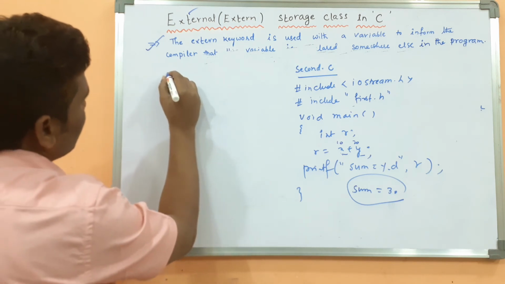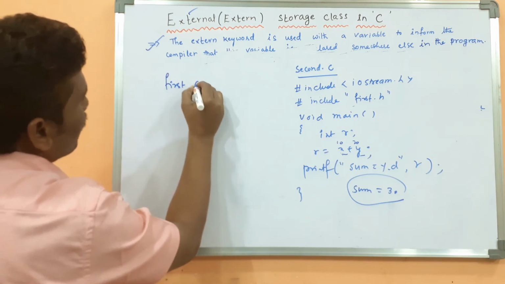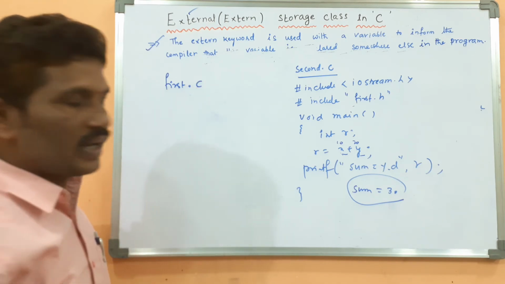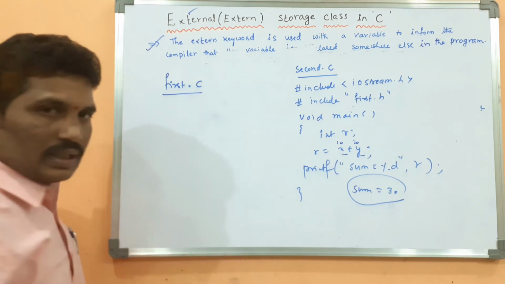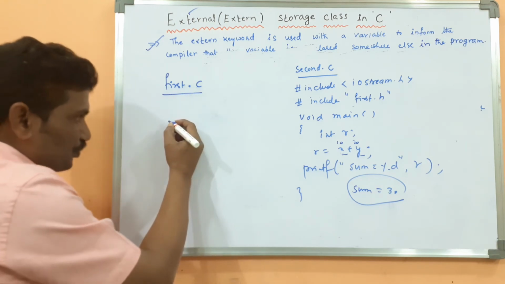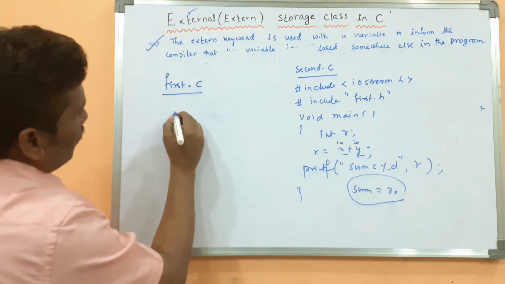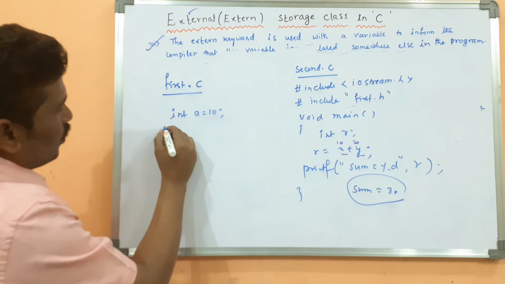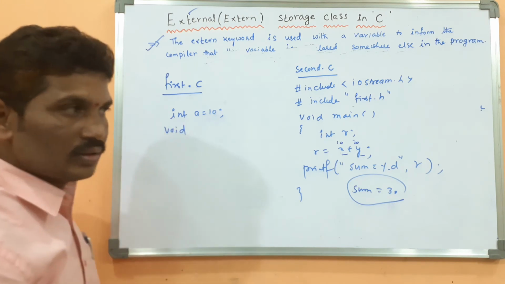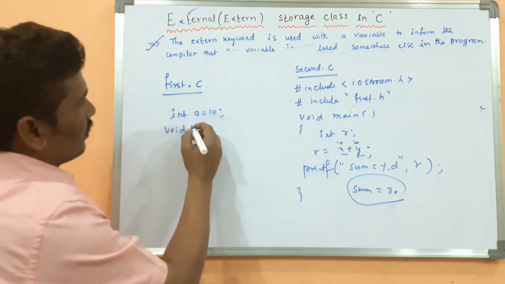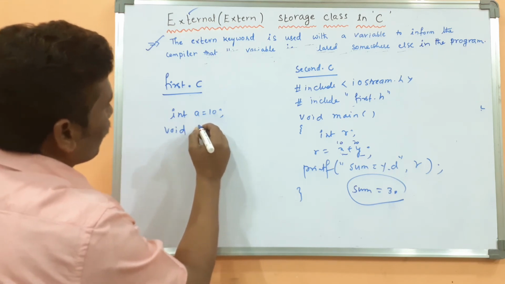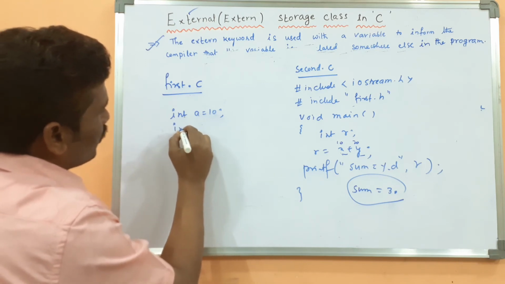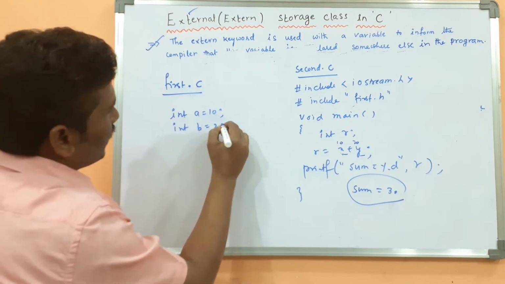First.c. It is a C file; previously it was another file, a header file. Here int a value should be 10. Void, for example, int b should be 10.